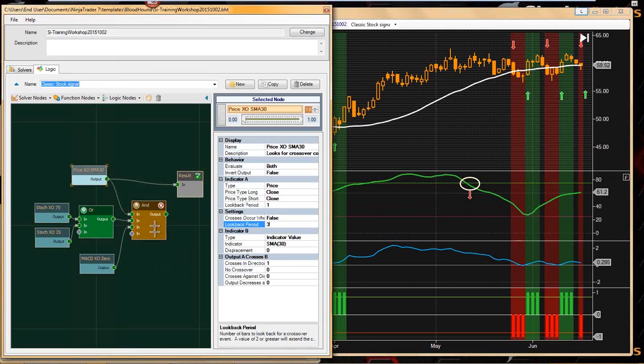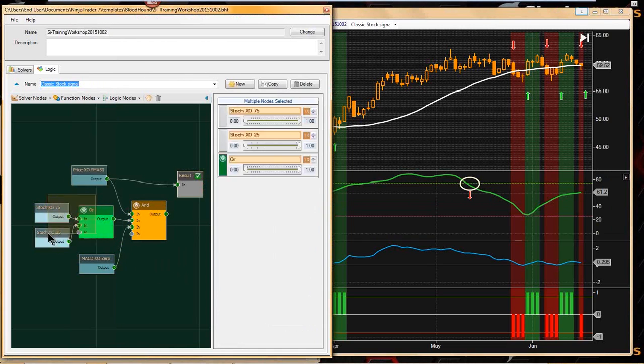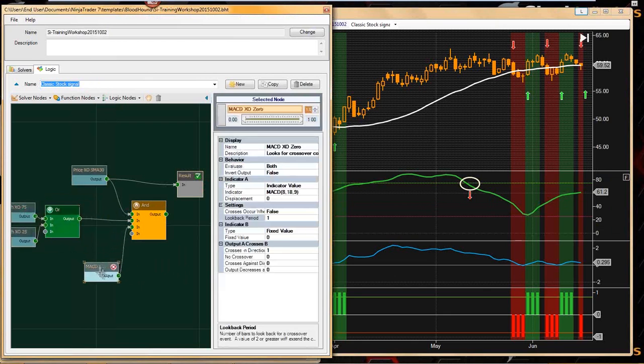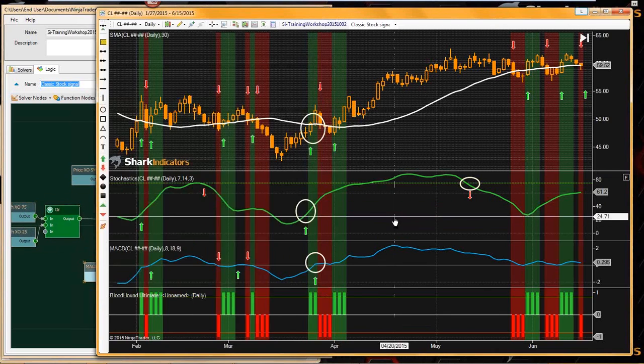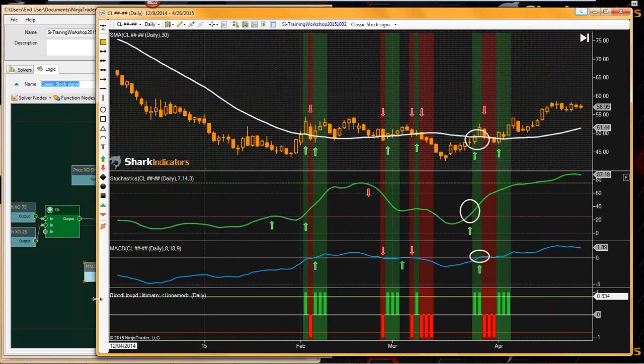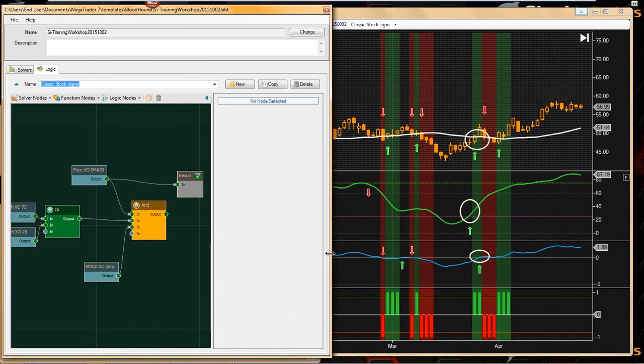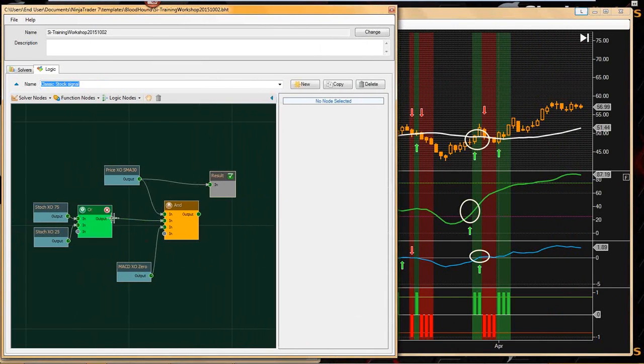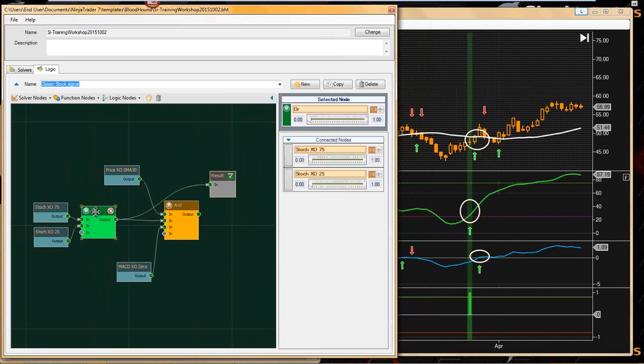We can use this lookback period. So another way we can do this, so let's, hold on a moment, let me get things set up. Okay, so let's work on our stochastic crossover here.